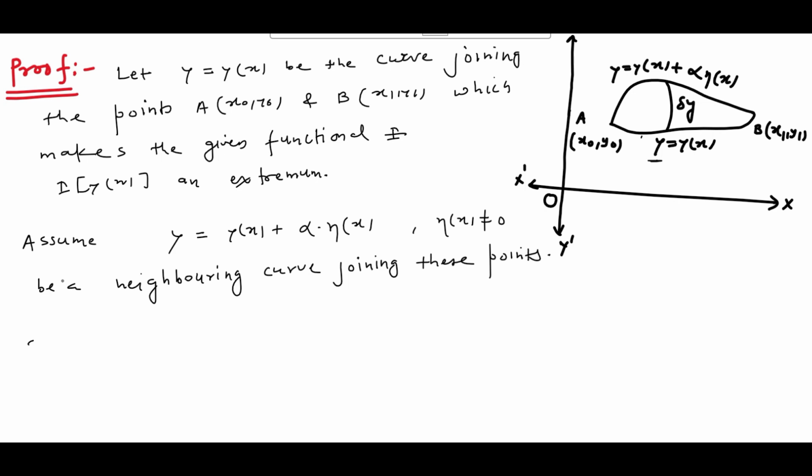So that at the points A and B, the distance between the neighboring curve and this curve is zero, so eta of x has to be 0 at point A. So eta of x naught is equal to 0, and at point B, eta of x1 has to be 0.